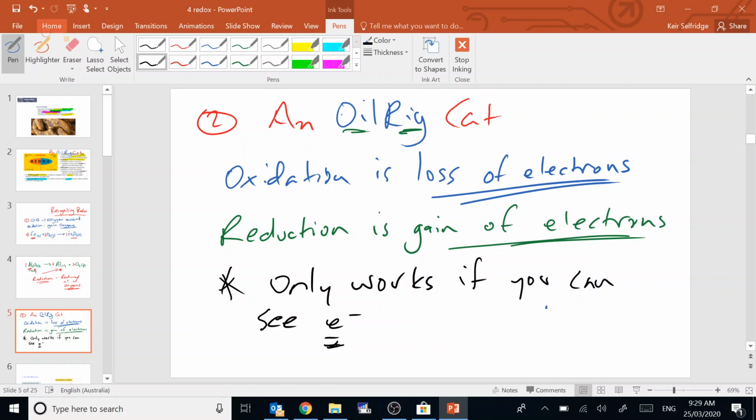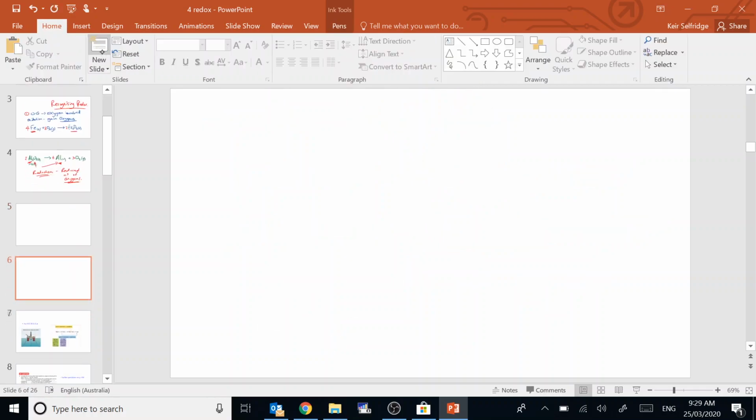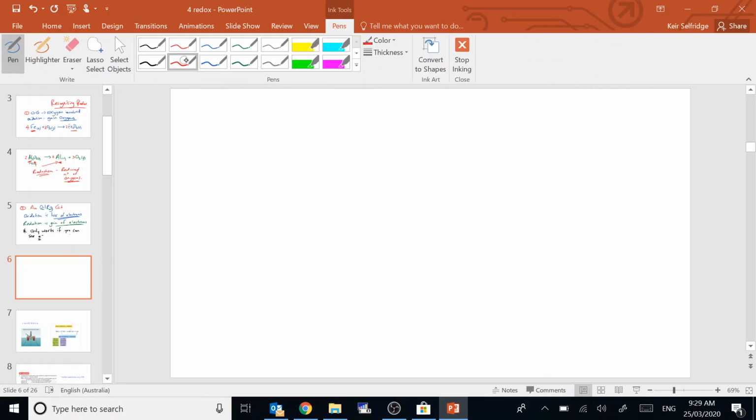So if we go for an example, just make one off the top of our heads. Let's say I've got magnesium. It's a solid. I do something to it and I turn it into magnesium 2 plus and 2 electrons. The idea here is I can physically see the electrons involved.